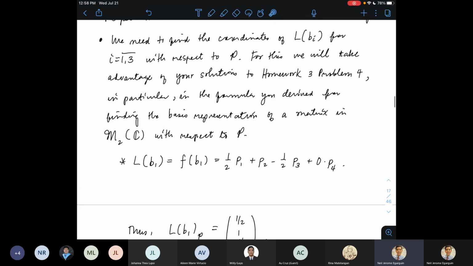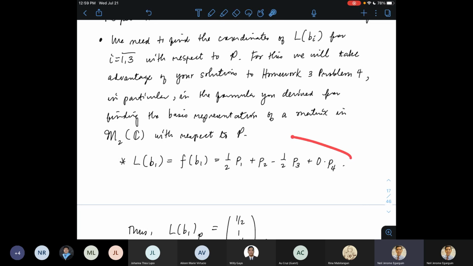I think I wrote that here. In homework 3, problem 4, you showed that the set of Pauli matrices is a basis for M2C, right? Tapos dun sa proof nyo na ini-span niya yung M2C, you computed for the coordinates, how to get an arbitrary matrix A, B, C, D in terms of a linear combination of the Pauli matrices.